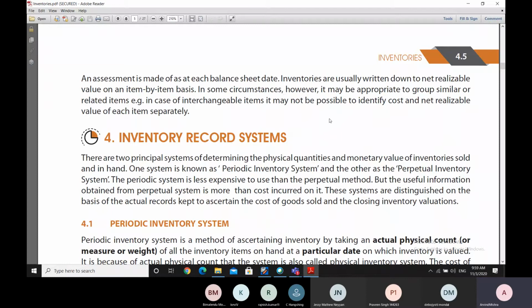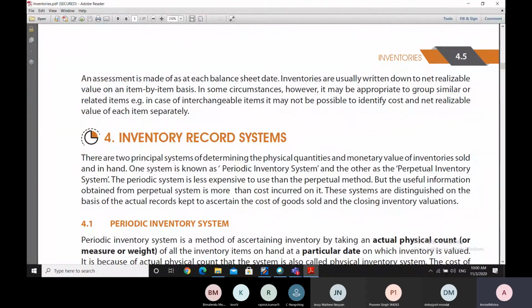And in some circumstances, however, it may be appropriate to group similar or related items. For example, in case of interchangeable items, if items are interchangeable in nature, we can group them together, because it may not be possible to identify every item.